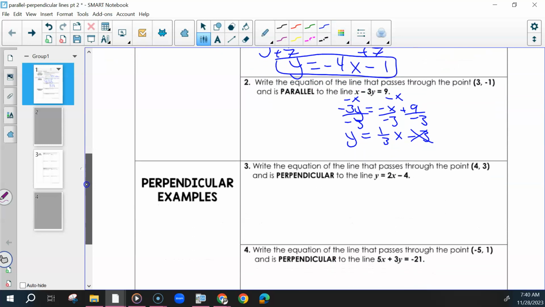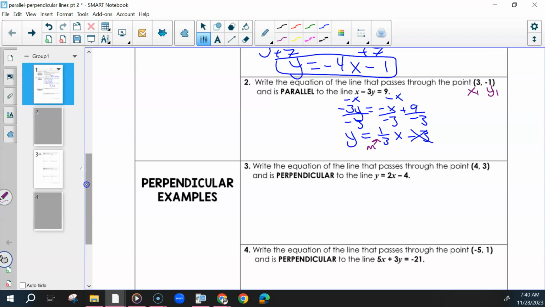It is again parallel, so the slope of our new line is going to be 1/3. I'm just going to write m equals with an arrow. If you want to write it off to the side, that's also fine. So now we have our m, we have our x1, we have our y1, and we're going to do the process we just did.